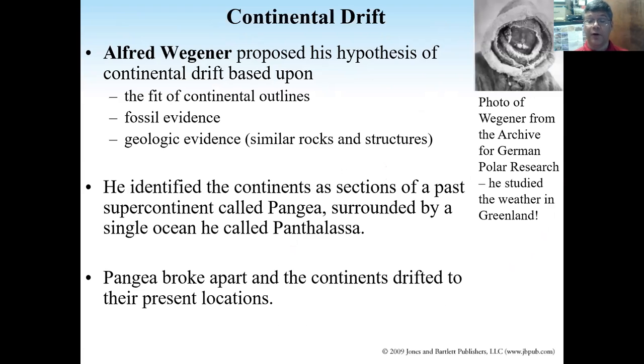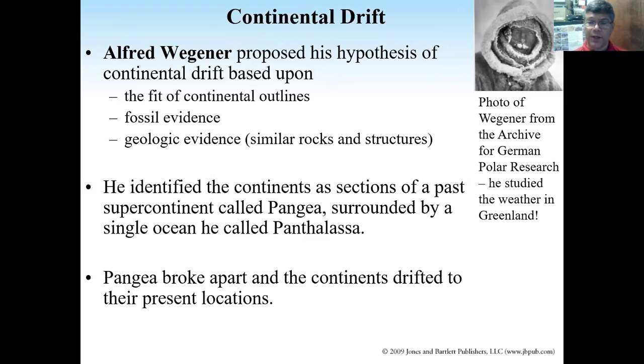Fossils had been found on different continents that matched up across the continents rather than with their present positions, and also other geologic features, types of rocks and structures where you have mountain chains, things like that. Now, of course, there's a lot more data today than we had in the early 1900s, but it was beginning to have some. Wegener actually was professionally a meteorologist, and he did quite a lot of work in Greenland. They certainly have weather there.